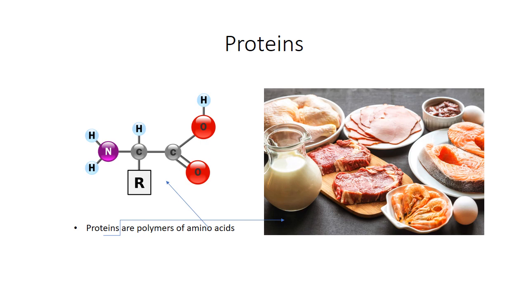This radical can be just carbon with hydrogen, carbon with two hydrogens, carbon with three hydrogens, carbon with oxygen. But it may also be a big complex part of the molecule, and it varies from one kind of amino acid to another. The sequence of amino acids in the chain, in the protein molecule, determines the properties of this protein.